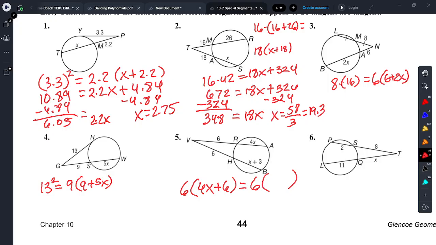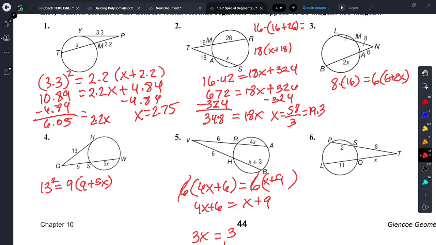X plus 9, right? Okay, cancel the 9s, and it tells you something real simple about this problem. Those must be equal, yeah? So we get 4x plus 6 equals x plus 9. Bring the x over, that's 3x. Bring the 6 over, that is 3, right? So x is 1.